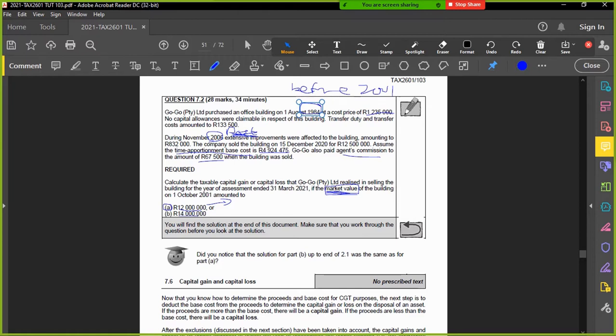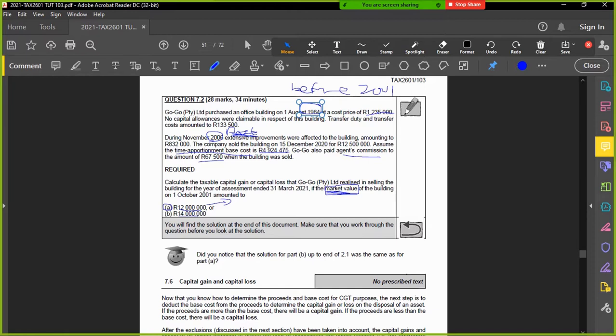So the time apportioned base cost is just that. It's a way to provide for X number of years from when you first bought the asset to now. But remember, that's not realistic, because if you bought property in Sandton, the time apportioned base cost is not a realistic value of its actual value or the market value.